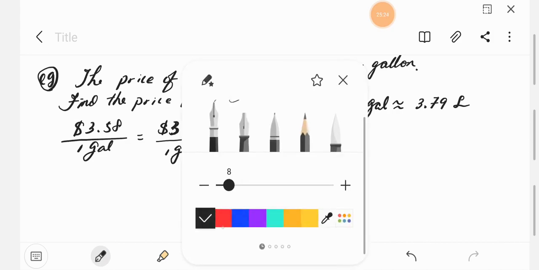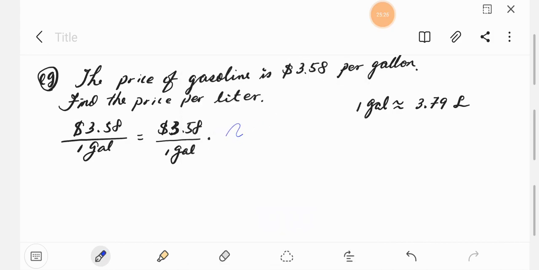So we want to multiply by the conversion rate. The gallon is in the denominator, and we want to convert this gallon into liters, so we need to get rid of this gallon. We write 1 gallon in the numerator, and 3.79 liters goes to the denominator.